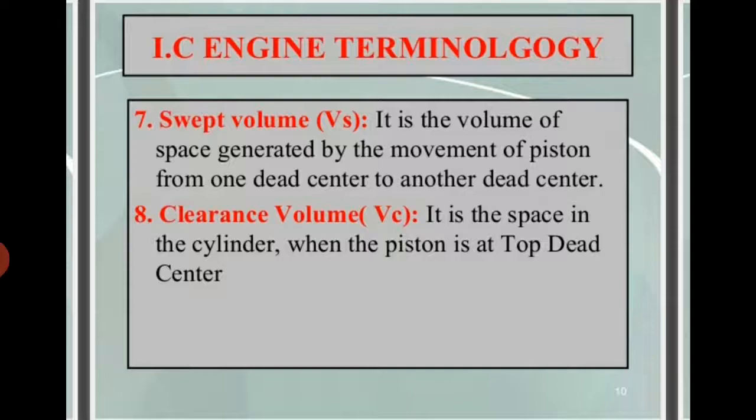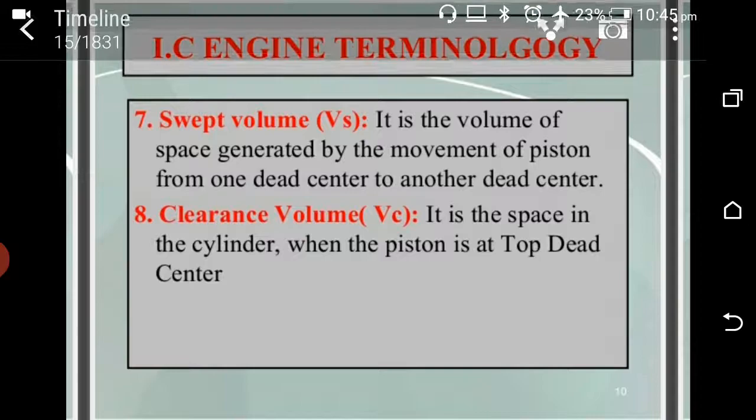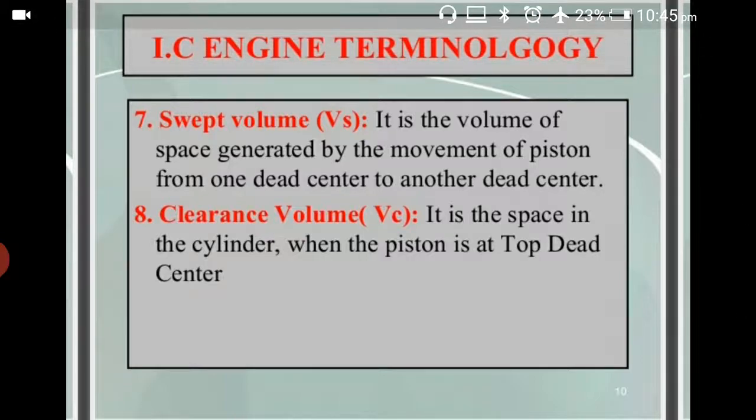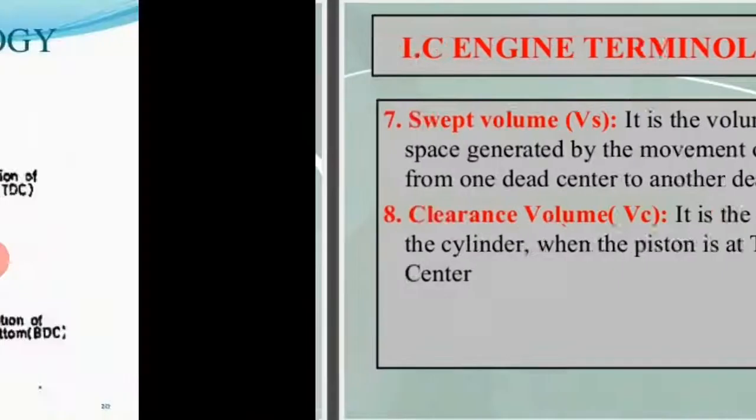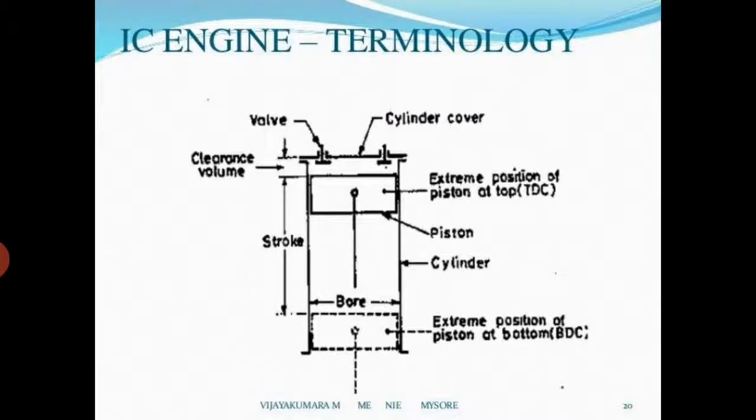Here you can see that swept volume is the volume of the space generated by the movement of the piston from one dead center to the other dead center, and clearance volume is the space in the cylinder when the piston is at TDC position. In this slide you can see the clearance volume.